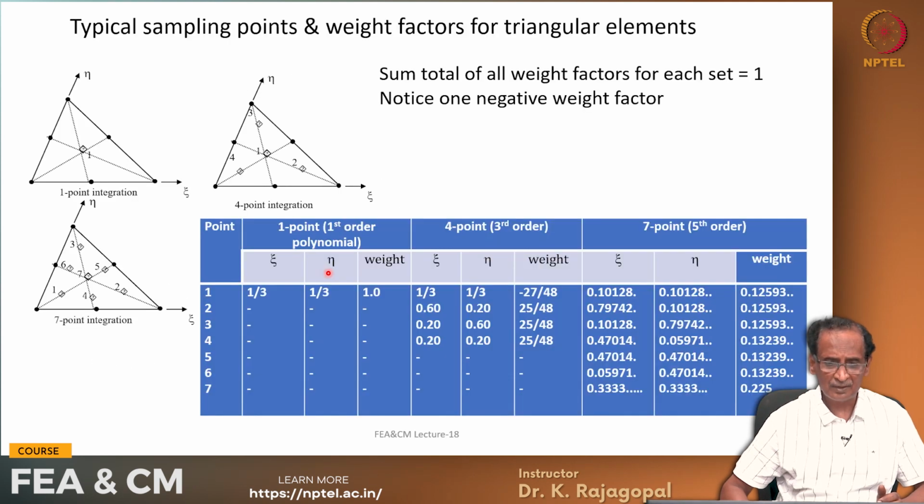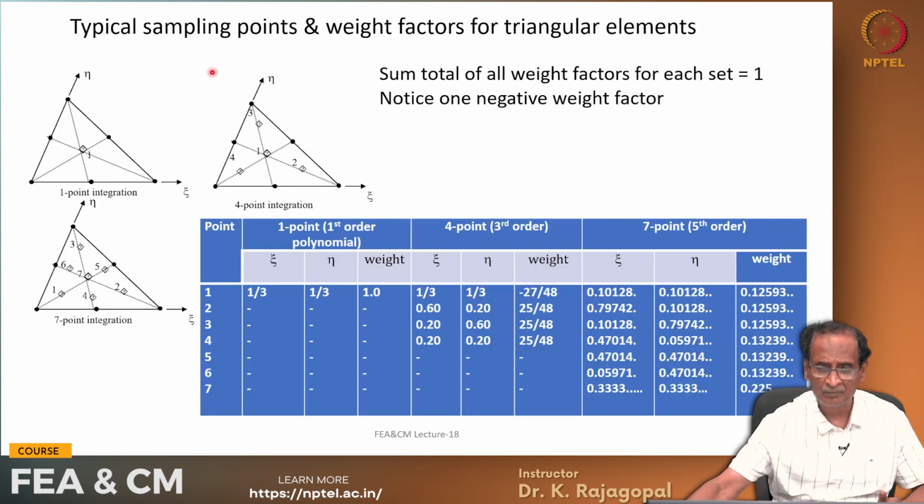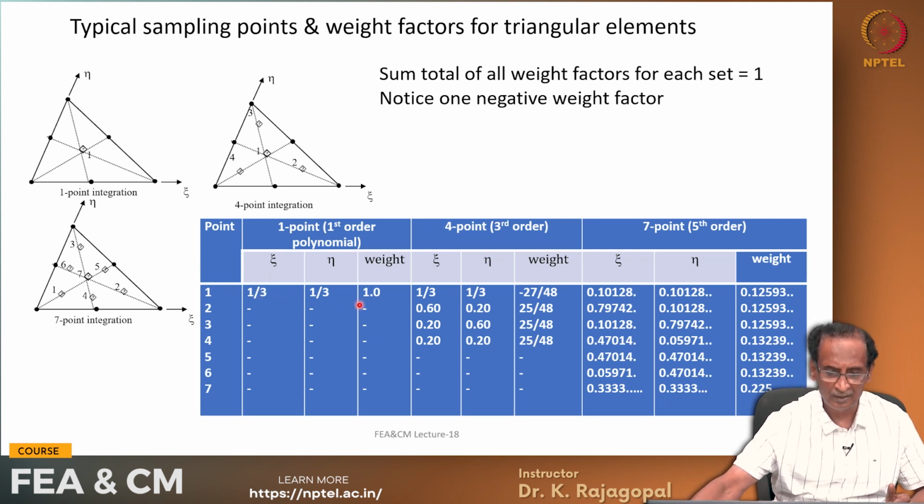And these are the sampling points for the triangles, and one point integration, this is good for first order polynomial. The xi and eta are 1/3, 1/3, and the weight factor is 1, and we can have a 4-point integration that is good up to third order polynomial. Xi and eta are here, and the weight factors, and you see one of the weight factors is negative for the triangles.